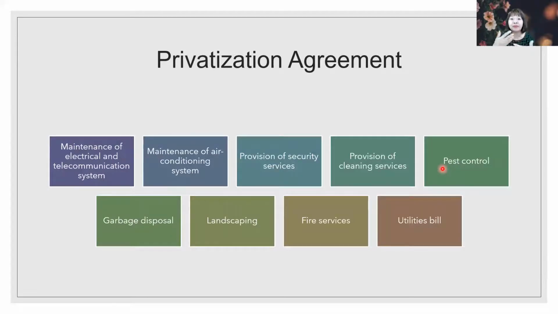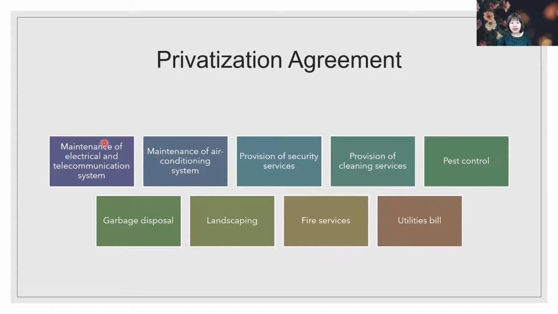When we do it privatized, secara personal, or do everything by ourselves, what are the agreements? The privatization agreements can be separated into all of these, apa yang kita boleh bagikan kepada orang lain.